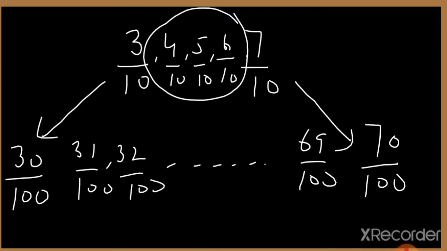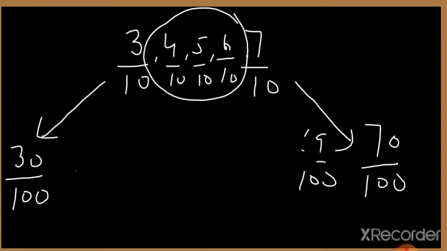Now, if I extend this, 30 by 100 was 30 by 100. I can write 30 by 100 as 300 by 1000 also.